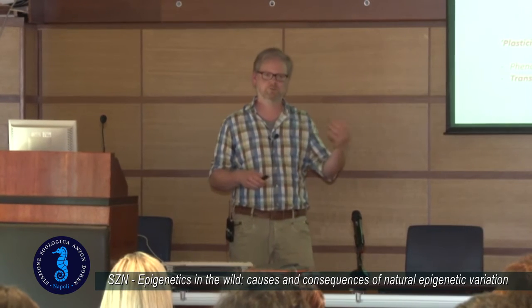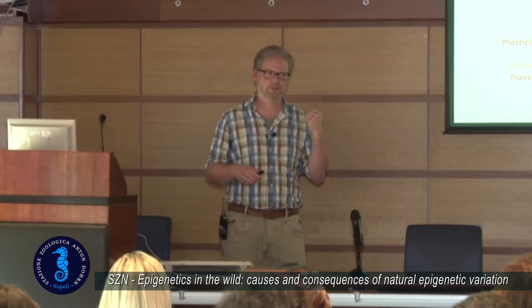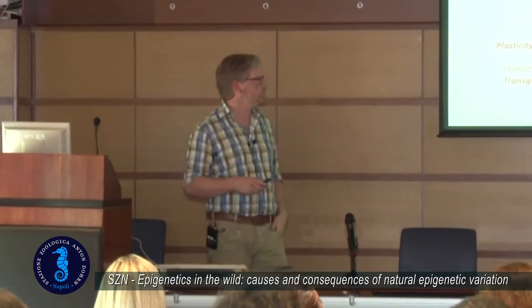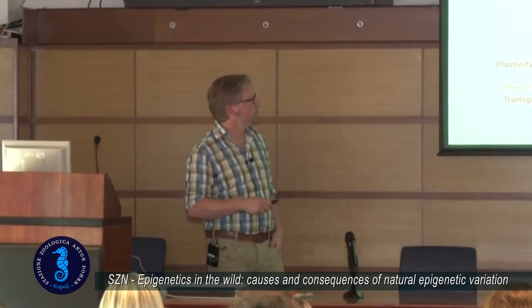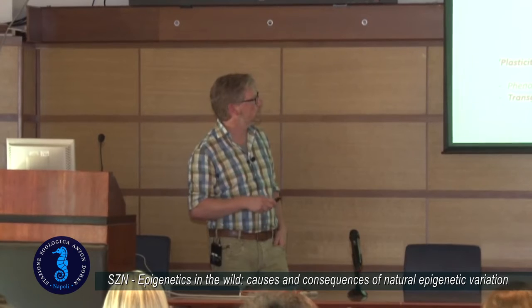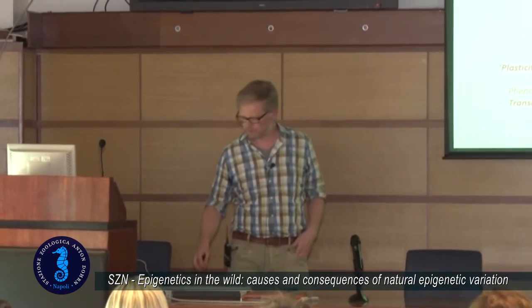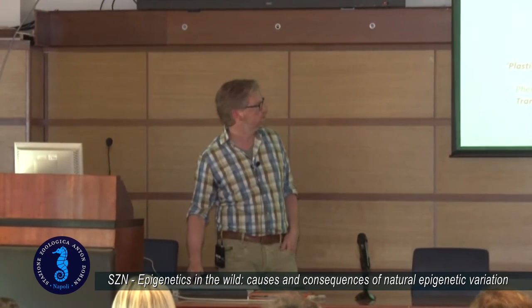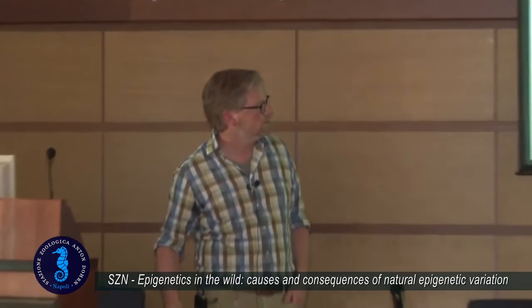So part of the selection response can be based on epigenetic variants and not on DNA sequence variants. So this loop is also an added possibility for adaptation with epigenetics.